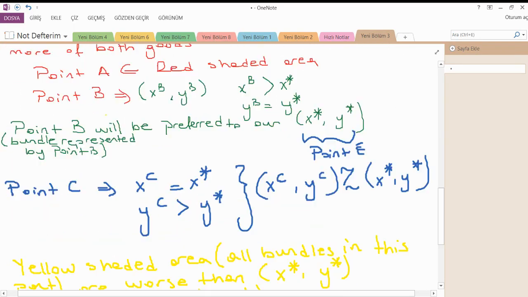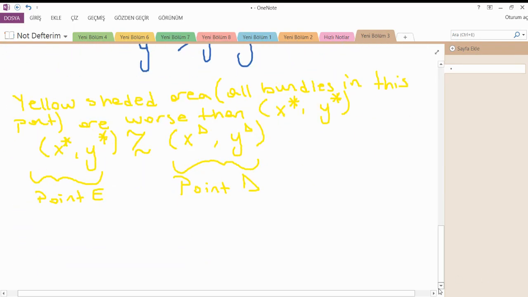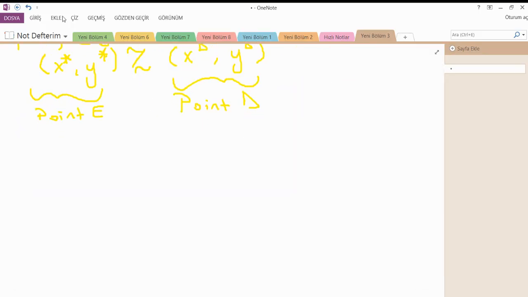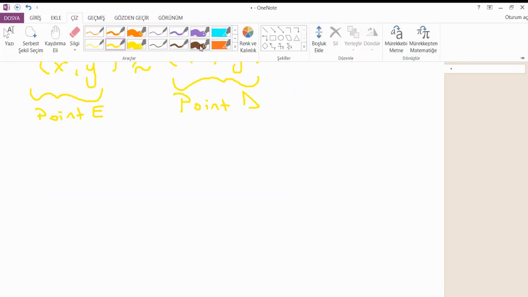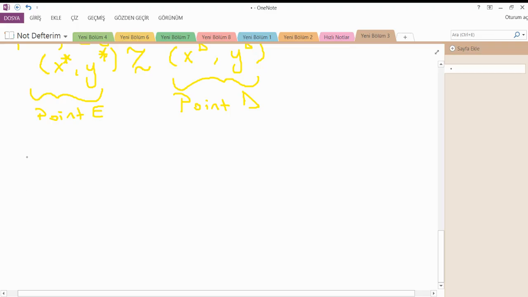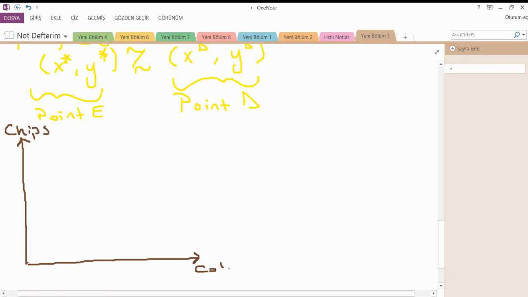What about the other two quadrants? What do you think? Maybe we should draw the graph again because we cannot see things well. Let's choose one more color, okay? Again, I'm going to draw. Here we have chips, and here we have coke, okay? And we have a bundle at first, Y star and X star, okay?